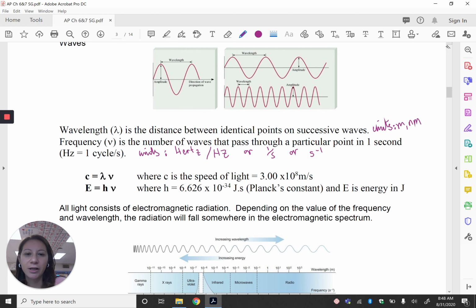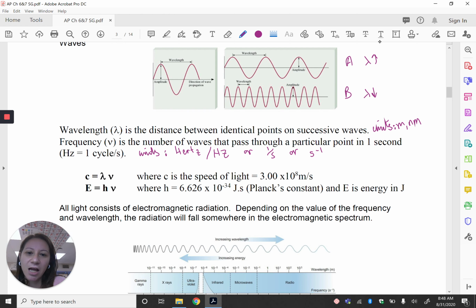So let's take a look at these two waves here. Let's call this wave A, and let's call this wave B. So if you look at the wavelength for A compared to the wavelength for wave B, you'll notice that the wavelength of A is much longer than the wavelength of B. So I'm going to say this is bigger, this is smaller. Now look at the frequency.